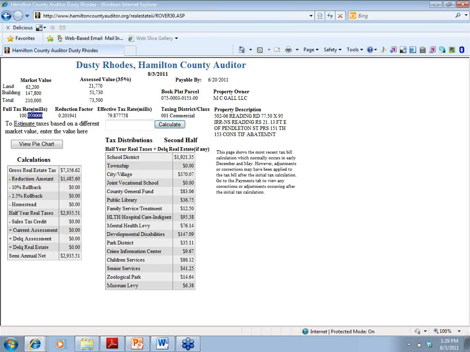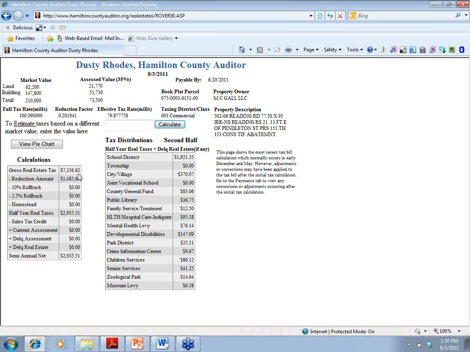Here's the full tax rate right here. Here is the reduction factor, and in different states there will be different ways that legislatures over the years have monkeyed with the amount of the tax. So there may be some kind of a reduction factor, and in Ohio, that reduction factor is simply subtracted from the full tax millage, and you get this effective tax rate right here.